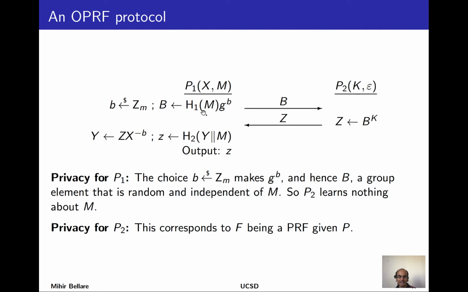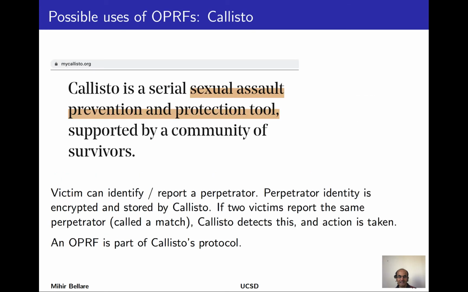Because what it sees is simply a random group element, and that gives it no information at all about M. What party 1 learns is a little more delicate, but what we can argue is that it doesn't learn anything beyond the value of the PRF on its one input M, and if it interacts twice with this party, it doesn't learn anything beyond the value of that PRF on the two inputs in those two interactions. And this corresponds to the function being a PRF. So we'll leave it as that, which is hopefully enough.